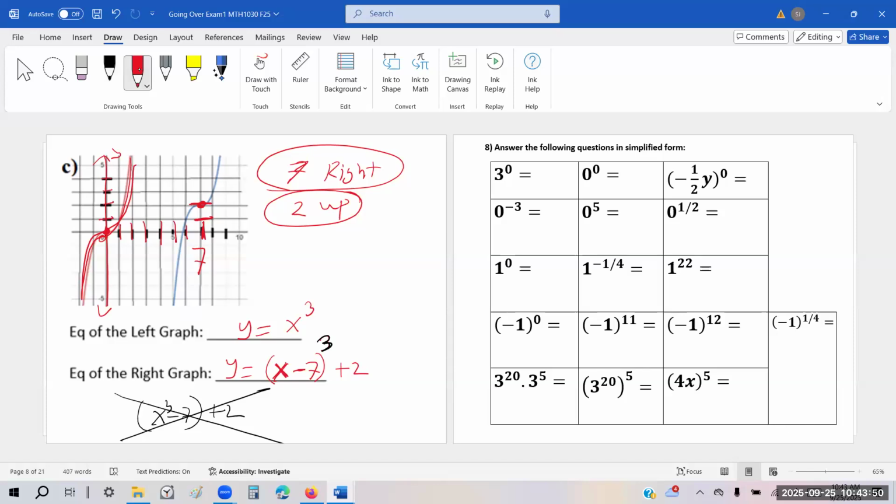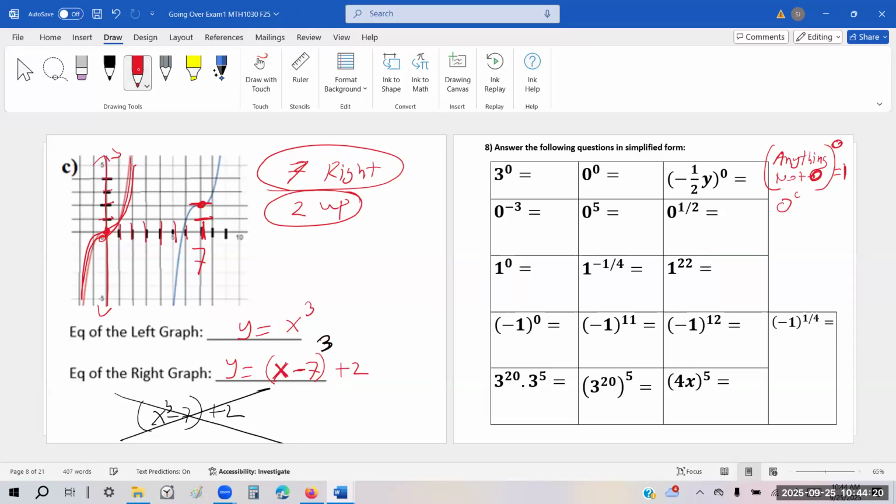There are a few rules. Start with 0. Anything, any base, as long as it's not 0: positive, negative, whole number, fraction, variable, anything. If you raise it to the power 0, what's the answer? 1. That means you have a problem at 0, right?